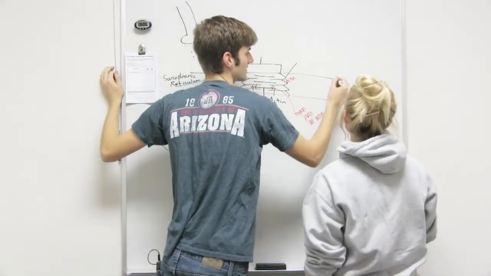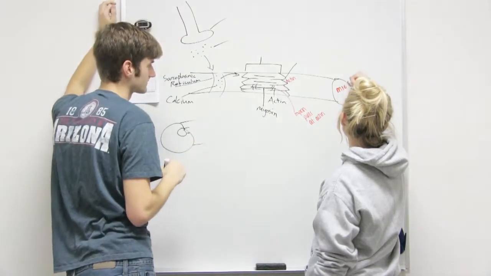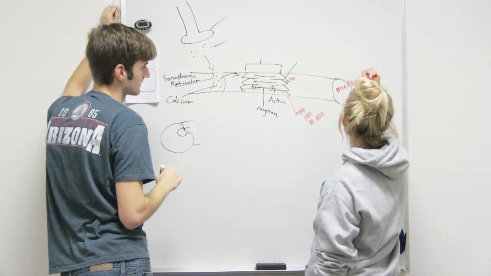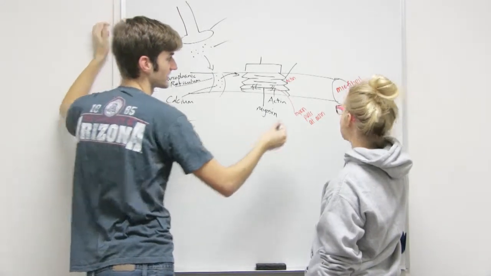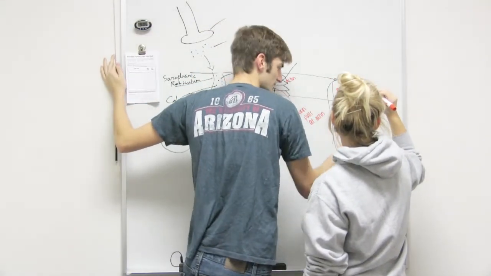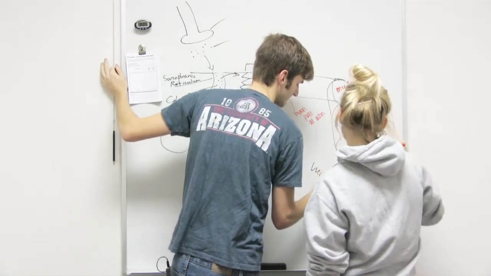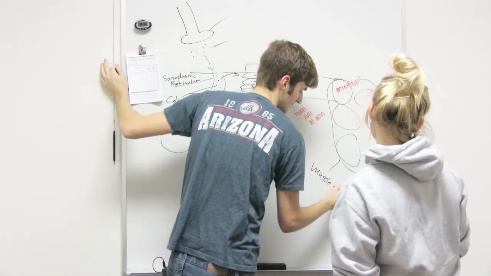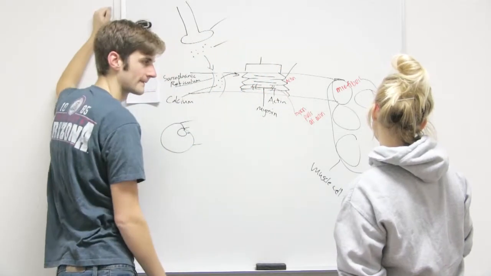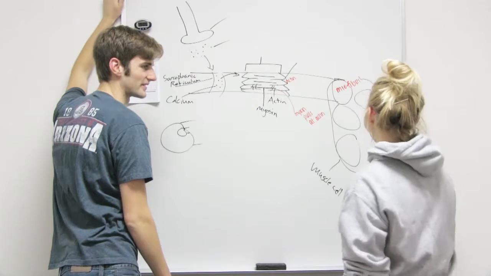Oh, this whole tube? Yeah. A muscle cell is a bunch of these tubes. So this is a muscle cell. Does that make sense? So a bunch of myofibrils make up a muscle cell.